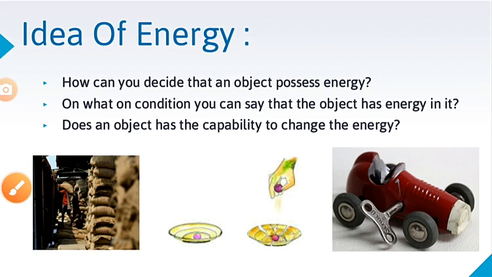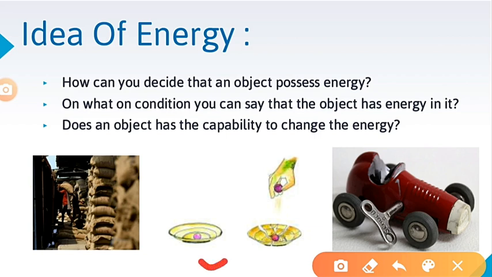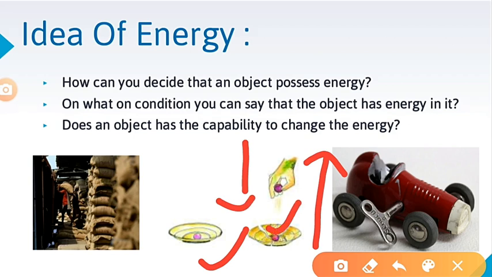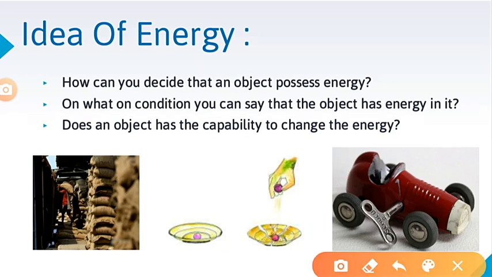On the ceramic plate I have kept one iron ball. When the iron ball is on the ceramic plate, nothing is happening to the plate. But now I will lift this iron ball to a certain height and release it. When the iron ball hits the ceramic plate, the plate breaks.